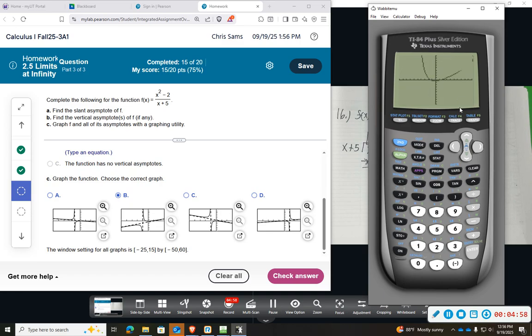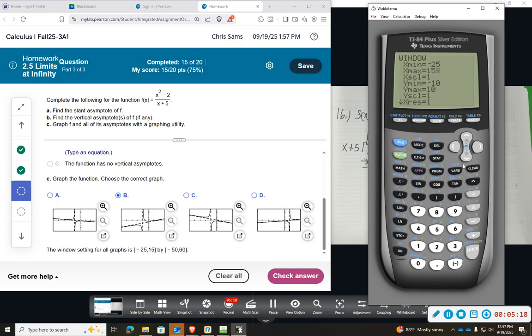This right now is on the standard graphing window, 10 by 10, so we don't see this bottom part. But if I change the window, we'll say a negative 25 up to a positive 15.